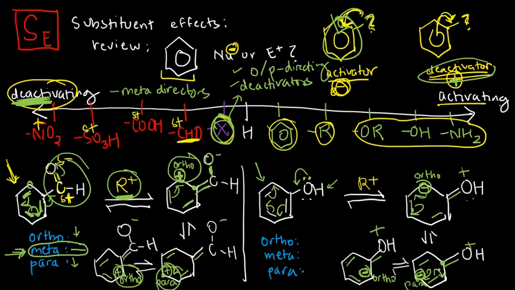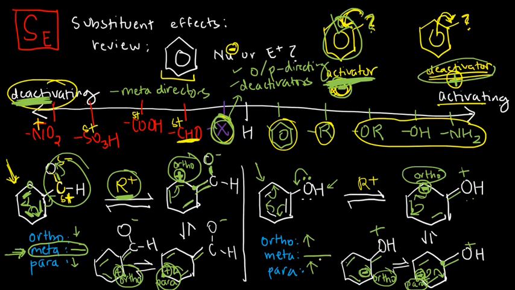So notice that, once again, our meta is kind of playing it safe. Our meta position did not really become more active or less active. It was neutral. But now look at this. Both my ortho and para positions became more negative thanks to our activator. And what does being more negative imply? It implies that this time, with an activator, our ortho and para positions are more active, or more electron dense, compared to the meta position.